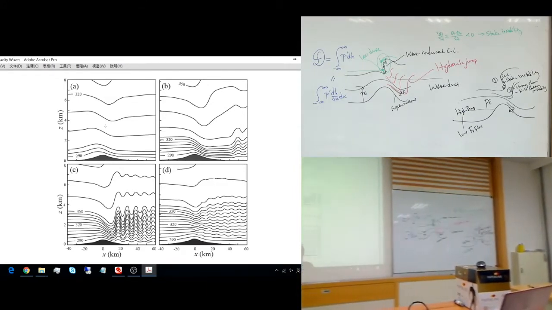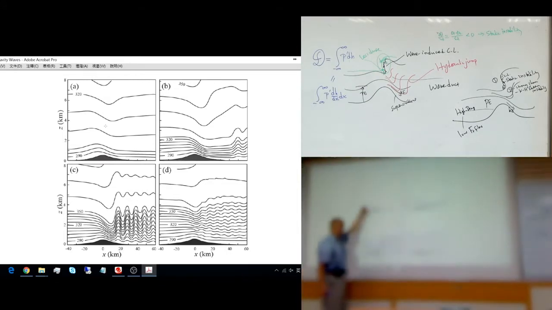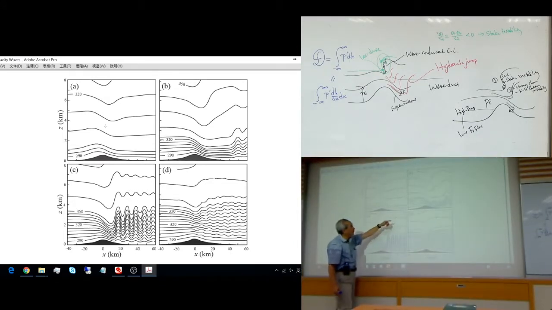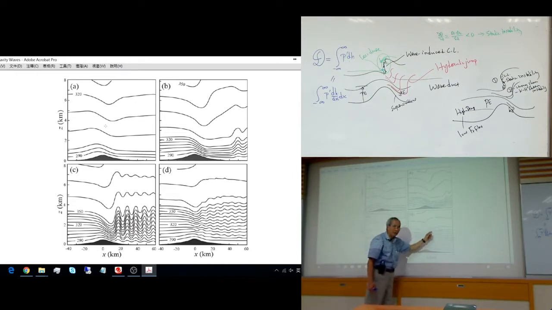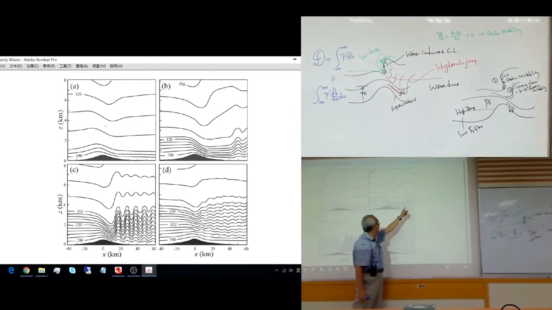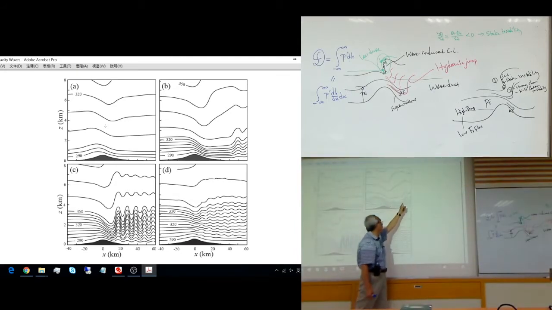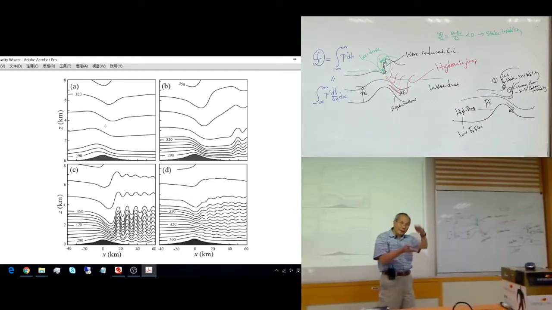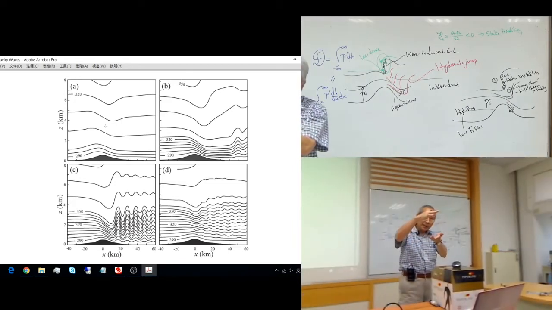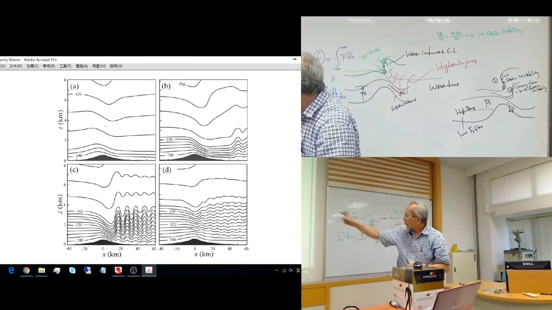This one, you can see the phase tilt, right? That's an upward propagating wave. What's this? Trapped waves. And what's this? A non-hydrostatic disturbance. Go this way. What's this? A hydraulic jump. This slope is a severe downslope wind. So you can have different kinds of structure and different layer depths, and then you can produce that.